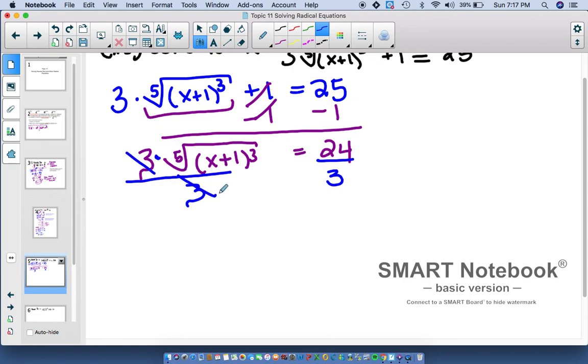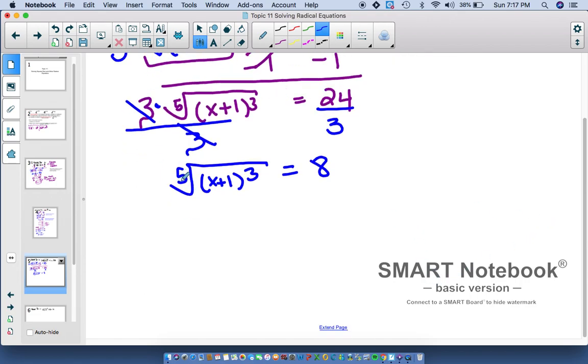These are going to cancel. So I'm left with the 5th root of x plus 1 cubed equals 24 divided by 3. What is that? 8, right? Okay, all right, good. So this is interesting. We have our radical now by itself.